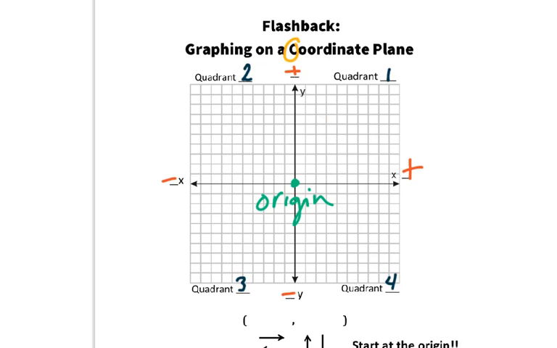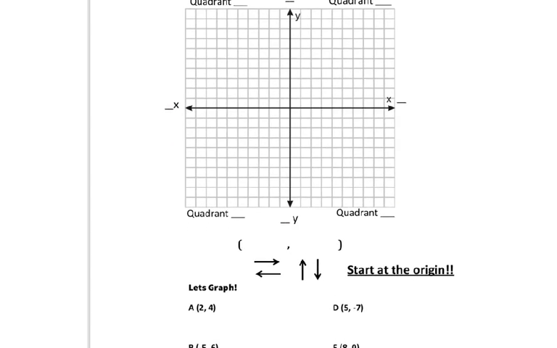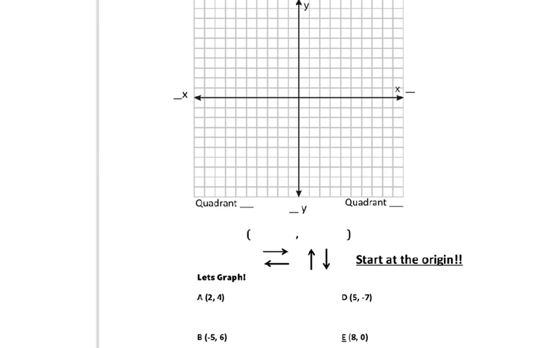So now that we know the pieces of the coordinate plane, we are going to start graphing. Okay. So when we graph, we always move on the x-axis first. Then we move on the y-axis.